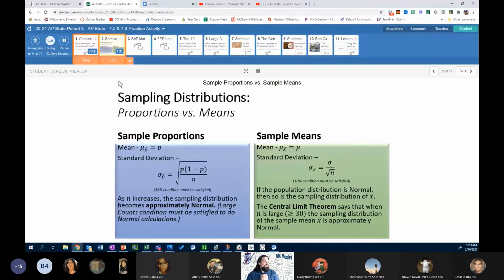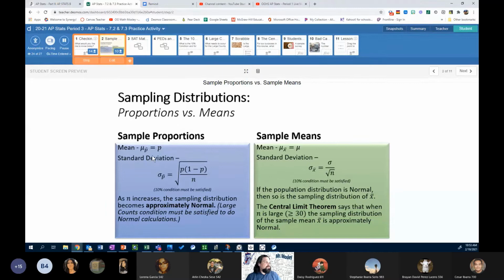This first screen, sampling distributions, proportions versus means, is just a copy of one of the last slides from our presentation yesterday. It's a side-by-side look at sample proportions and sample means: the notation, formulas, and conditions we need to check.